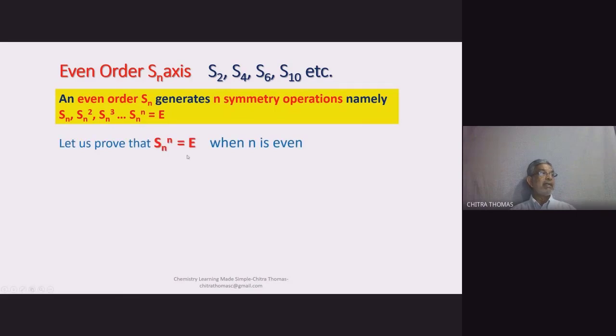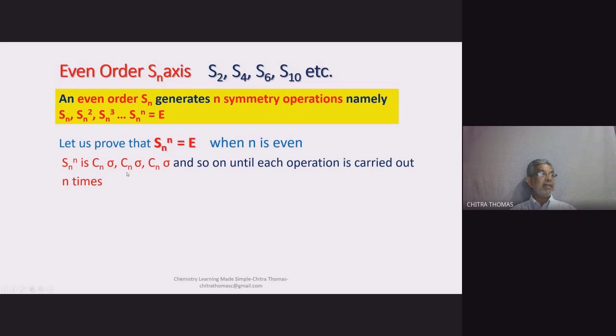Let us prove that Sn^n is equal to identity when n is even. The Sn means Cn sigma, Cn sigma, Cn sigma, and so on until each operation is carried out n times. So I can write Sn^n is equal to Cn^n sigma^n. We know that Cn^n is equal to identity, whether n is odd or even, and sigma^n is E, since n is even.